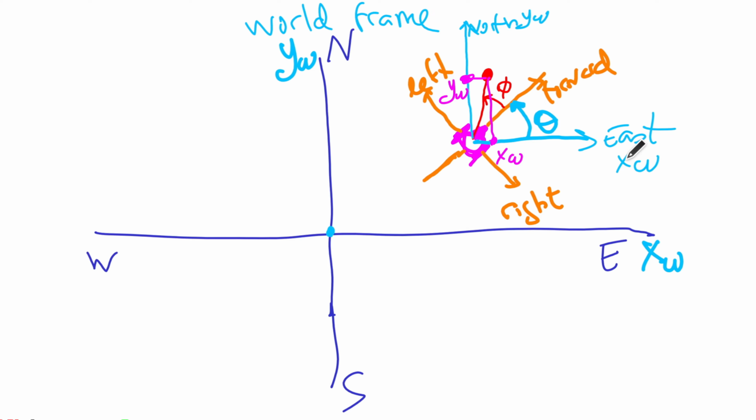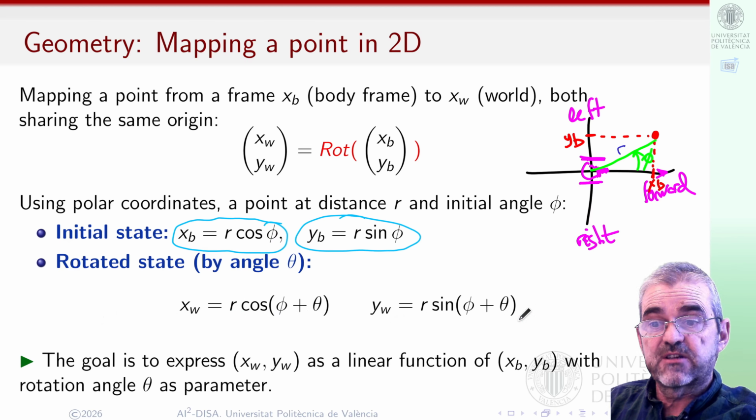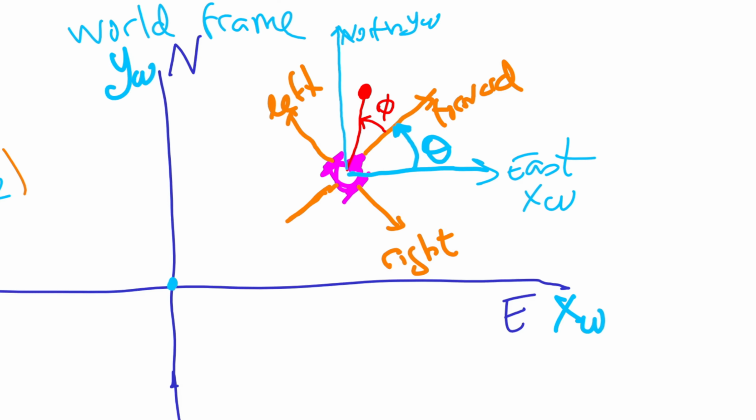The difficult thing will be 3D stuff, but let's understand 2D first. The world coordinate will keep the distance to the center of my robot, r, but the angles will be added, and the cosine and sine of that angle sum will determine the x and y coordinates in the world frame, apart from translation, of course.